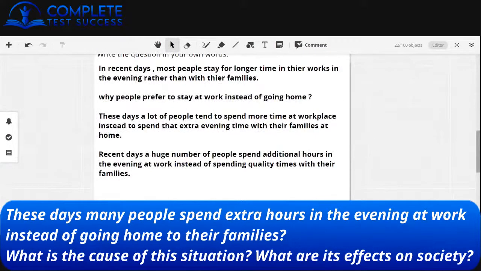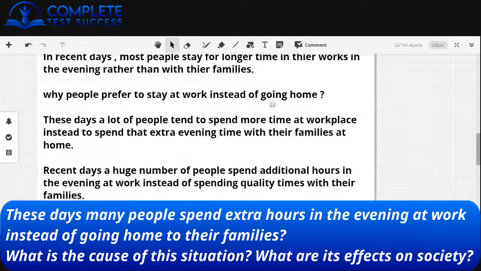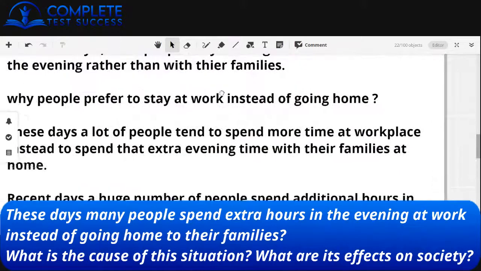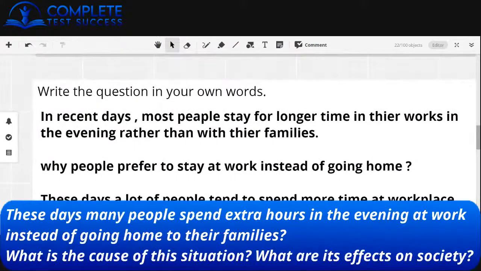Okay, so let's go through these here. Can I make this a little bit bigger here? Okay, so first one, in recent days. Now, the question says these days, and in recent days, this is just a vocabulary thing. This doesn't mean that you didn't understand the question.